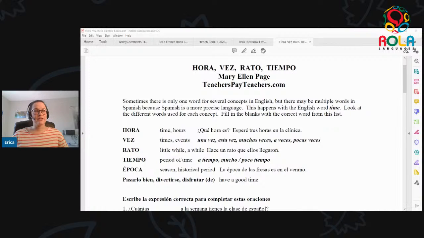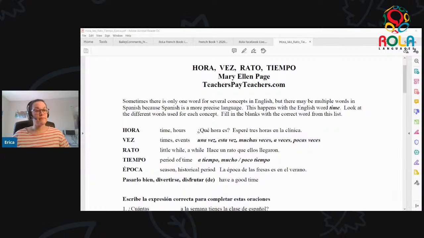Rato is best described as what I would call a while in Spanish, the best equivalent translation of the word while. And so just like in English, you can modify it to say a little while or a long while. We can use this expression rato to express while.